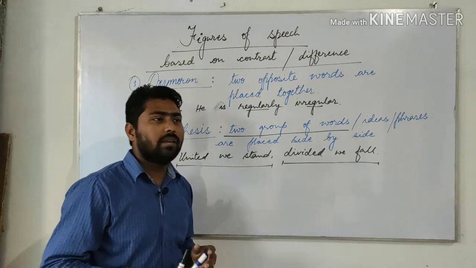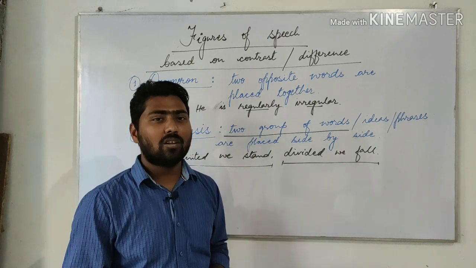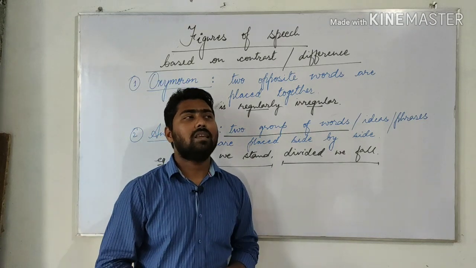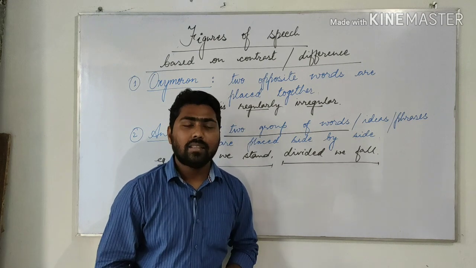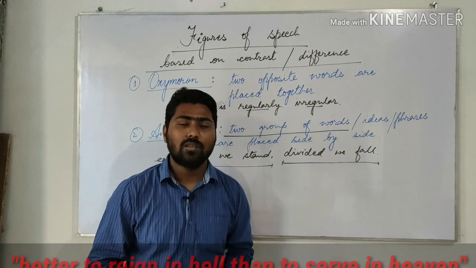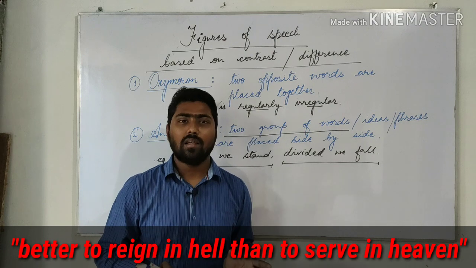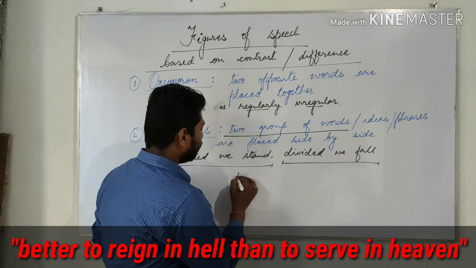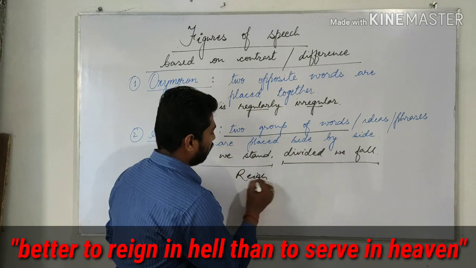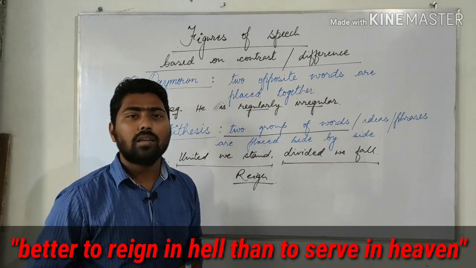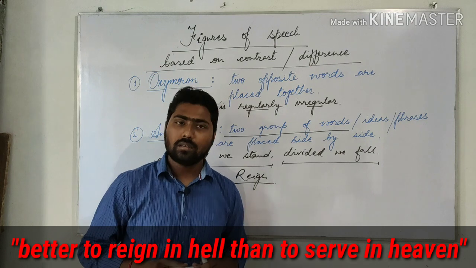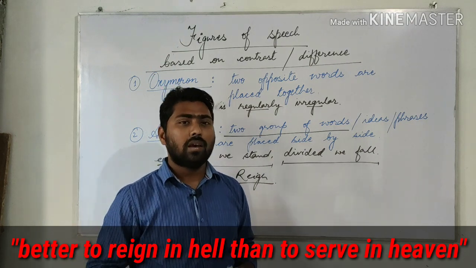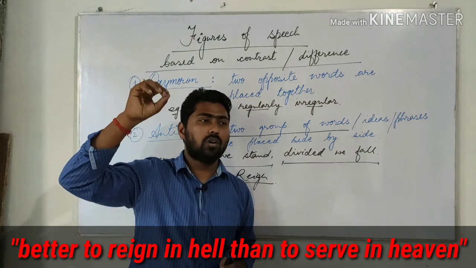Quoting a line from John Milton's Paradise Lost. John Milton in his book said that it is better to reign in hell than to serve in heaven. Here the word reign is spelled R-E-I-G-N. It sounds exactly like rain, as in rainfall, the downpouring of water.